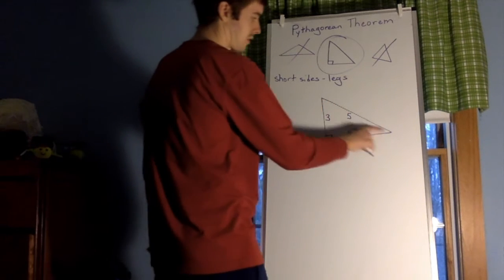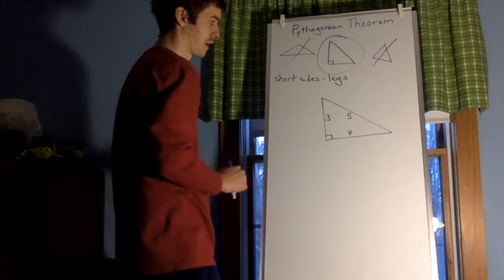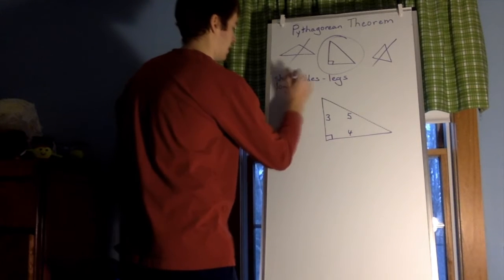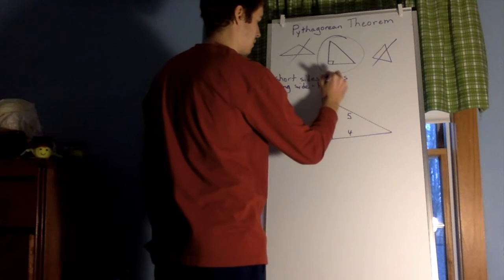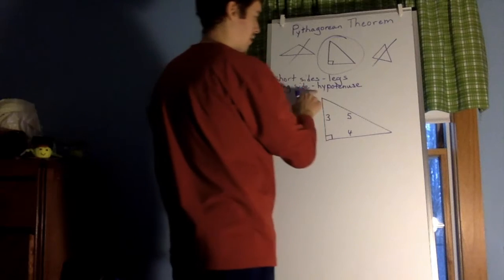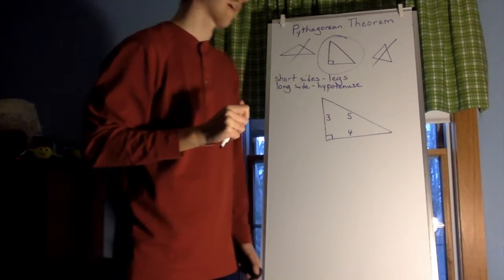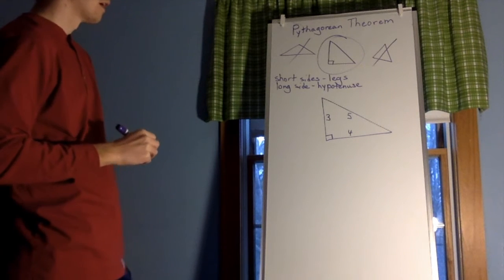And our long side right here, in this case our length of 5, we call that our hypotenuse. And hypotenuse is a term that is specific to right triangles.